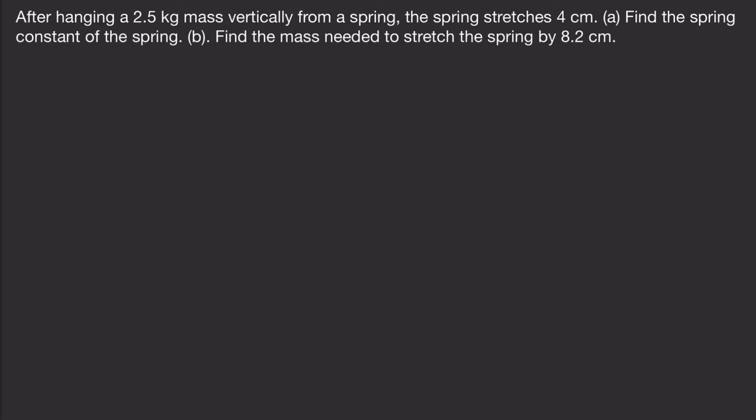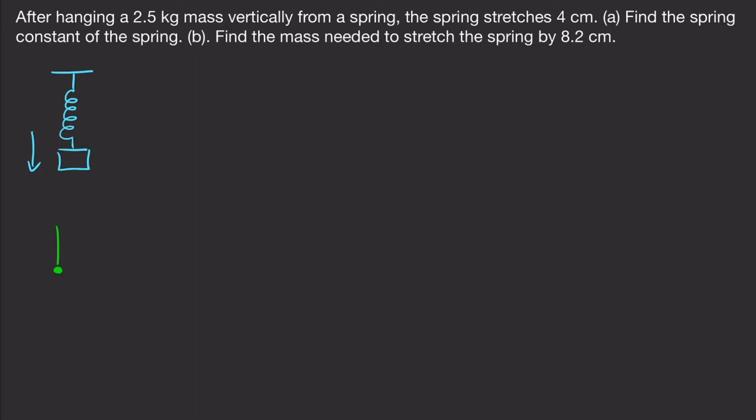So the first thing I'm going to do is draw a picture just so I know what's going on. And then after I draw a picture, I'm going to draw a free body diagram. So this is going to be the free body diagram of my mass. And so this spring has been displaced downward, so this mass is stretching the spring downward.